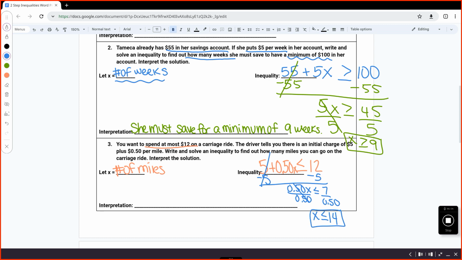So you can go on the carriage ride for at most 14 miles. You could say a maximum of 14 miles, no more than 14 miles. Any of those would work for your interpretation sentence.